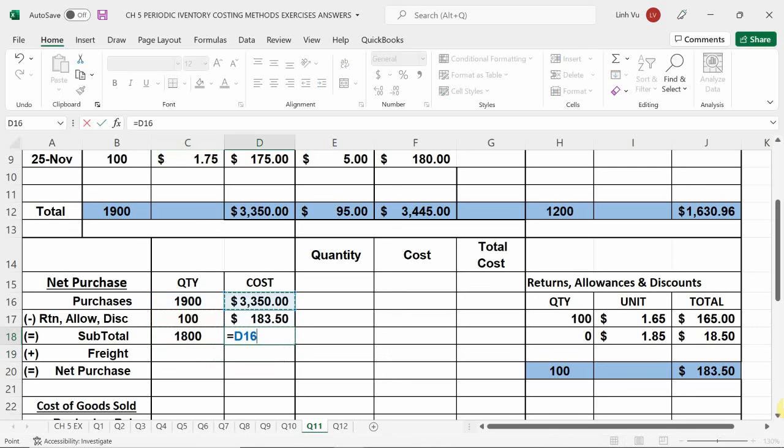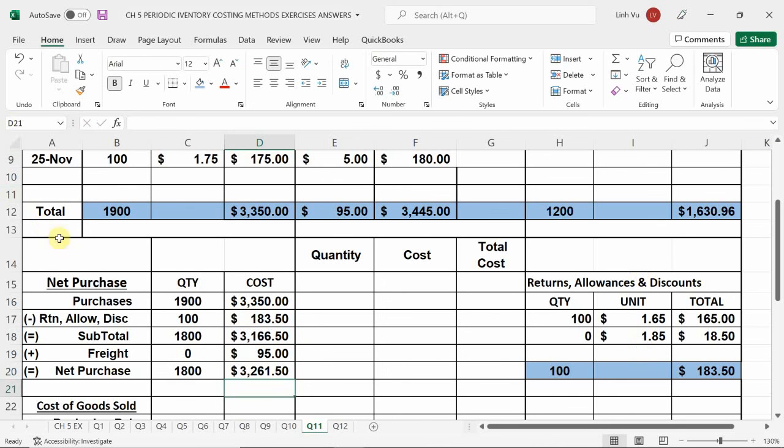So I should have 1,800 units at a total cost of $3,166.50. We need to add our freight, right? So we're selling 1,800 units at a total cost of $3,261.50.